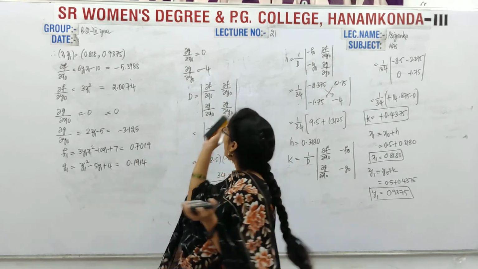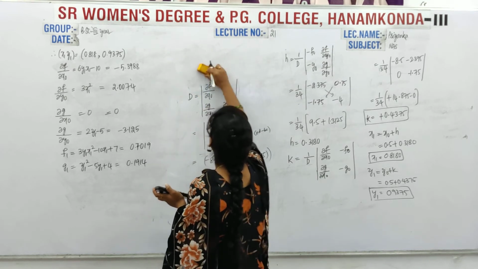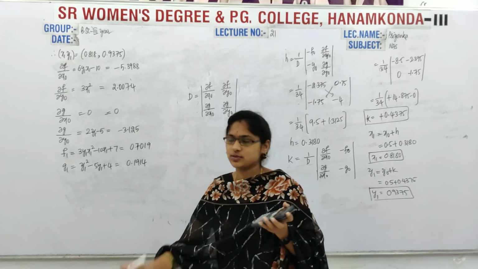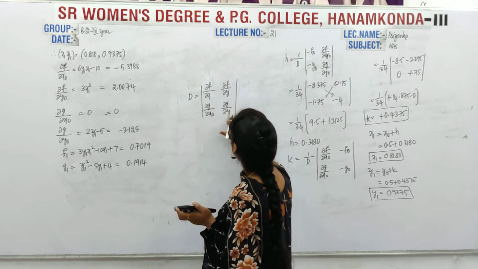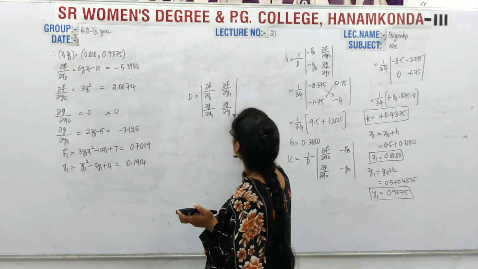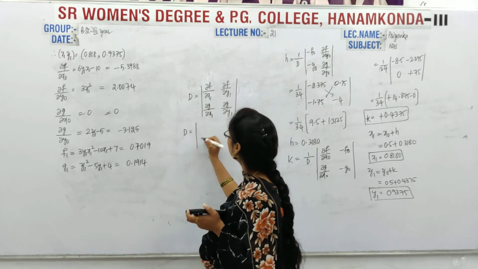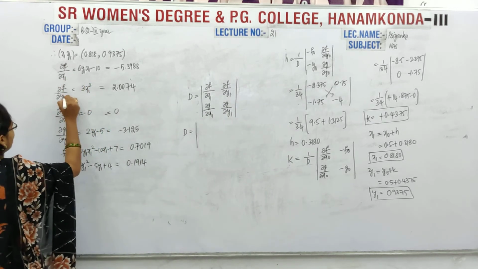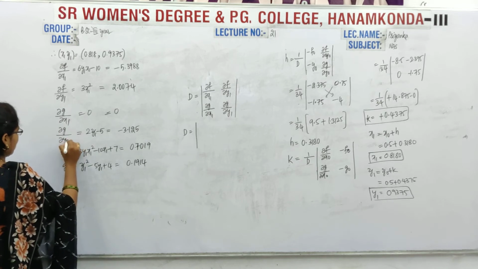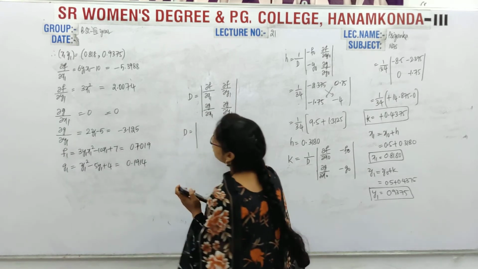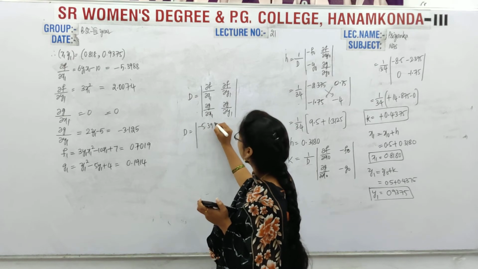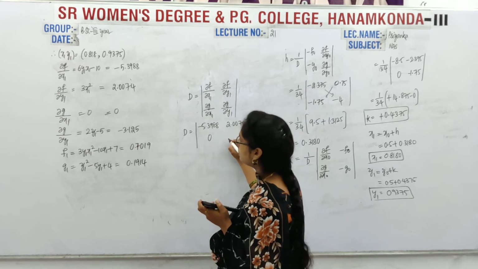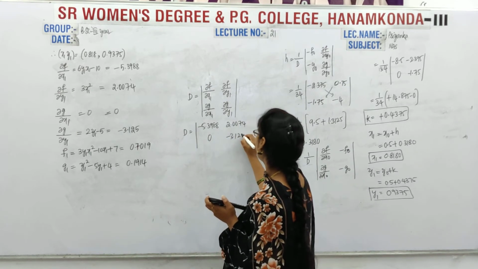Next, what do I have to do? I have to calculate D. So here we have the formula for D, and I am substituting directly. All these values are nothing but at x1, y1. Now D is equal to dou f by dou x1, 5.3988, times 2.0074 minus 0 into 3.125.